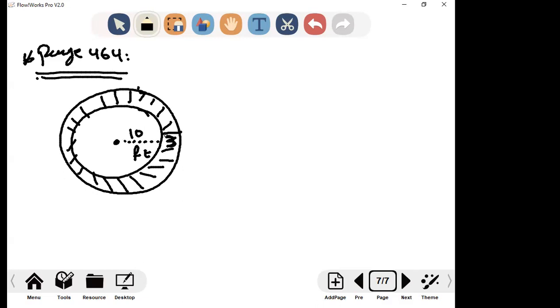Done? The question wants us to find the area of the sidewalk. Here we have two circles, the big one and the inner one. The inner one is for the pool, right? The big area is for what? For the walking side, right?